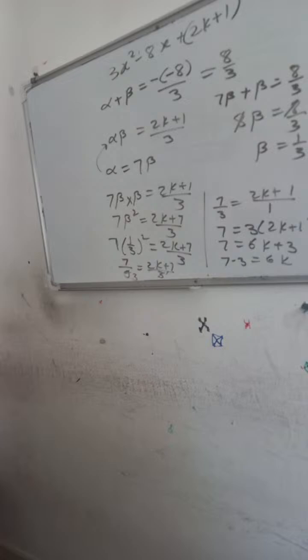Now form the quadratic polynomial whose zeros are 3 alpha and 3 beta.